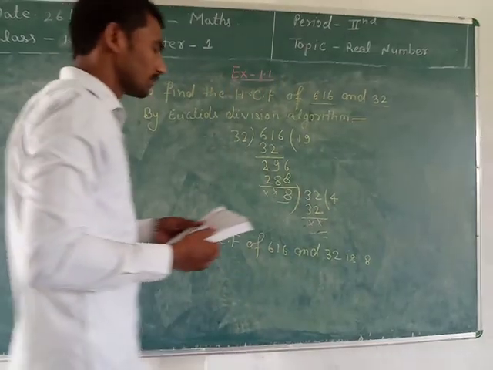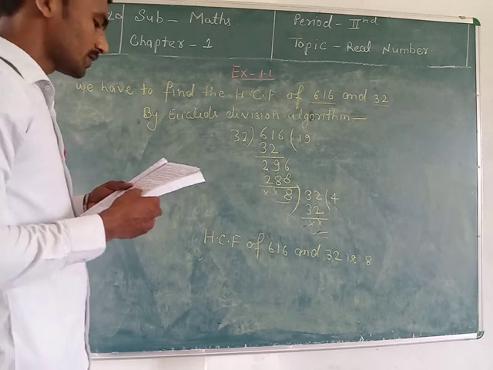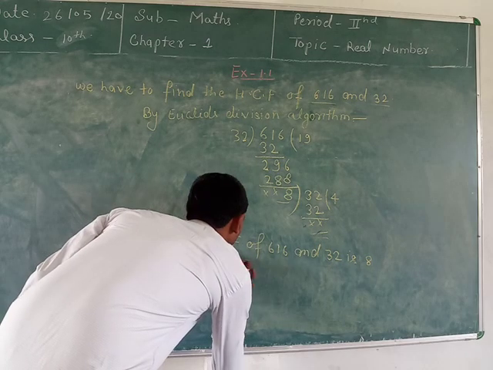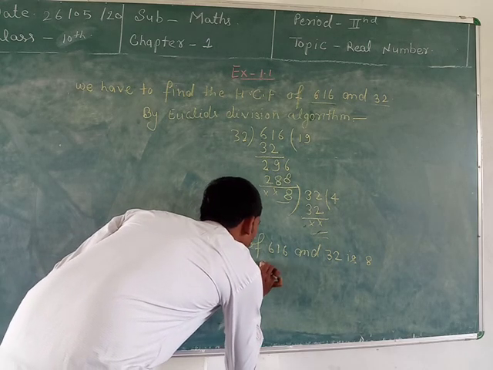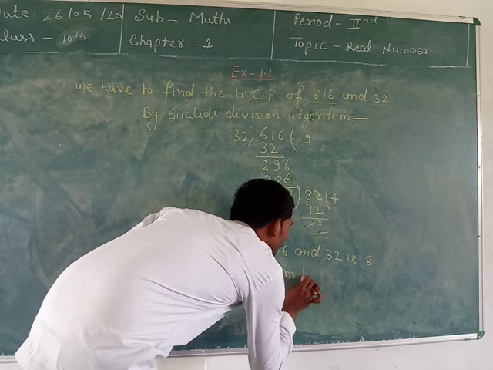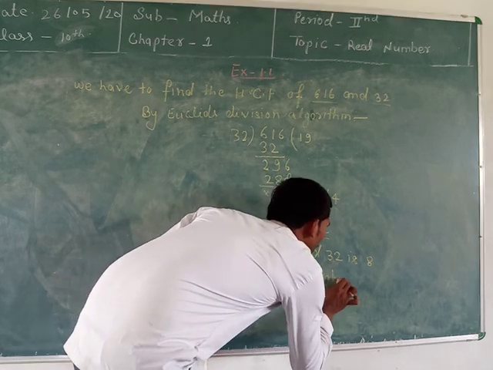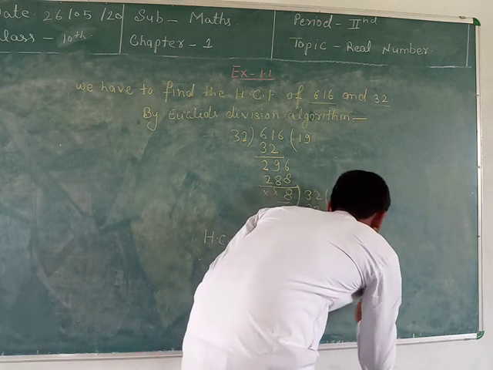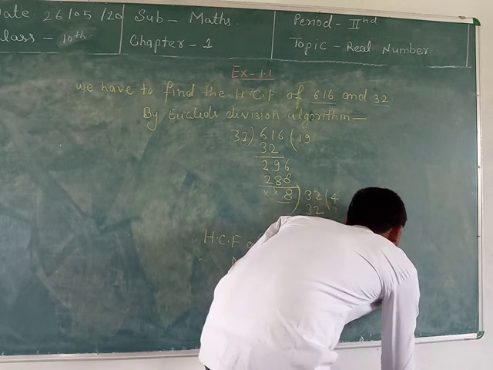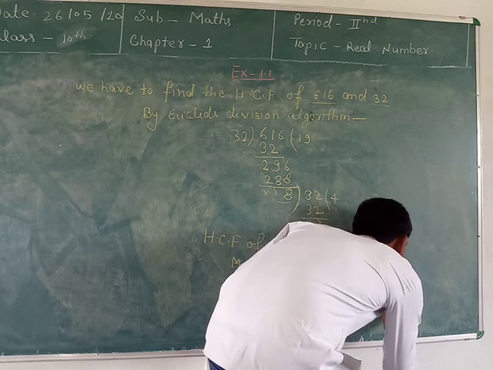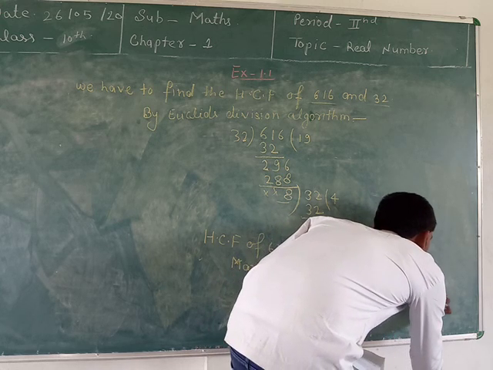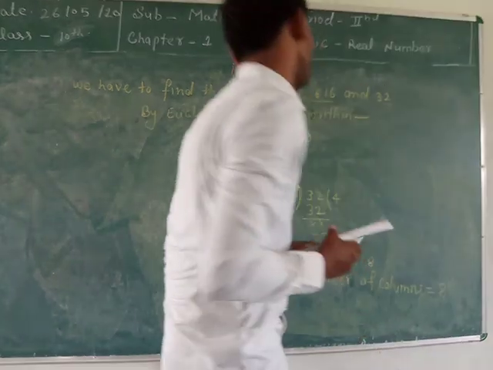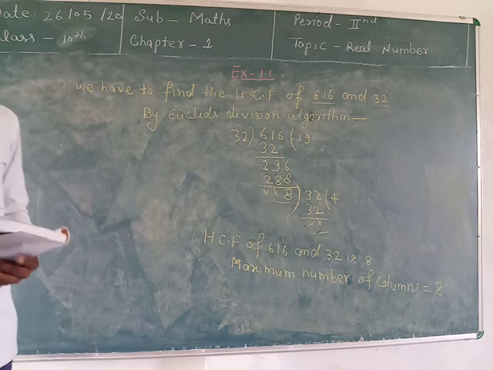So the maximum number of columns is 8. Maximum number of columns equal to 8. Okay students, thanks.